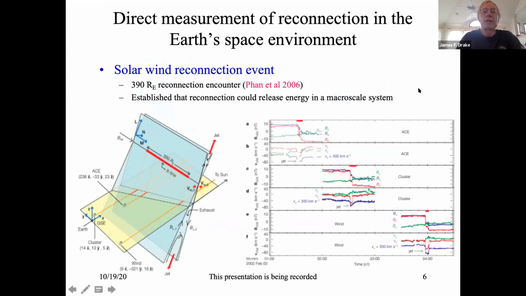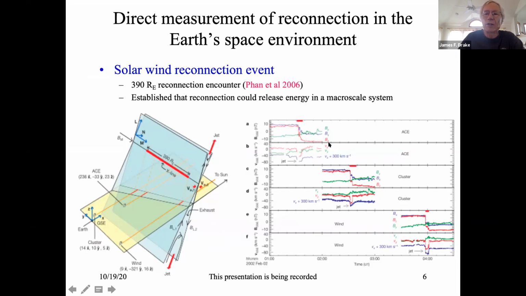Okay, so there have been many, many observations of reconnection in the Earth space environment. Here is a nice example from a paper by Phan in 2006. I show this to establish that reconnection can be a macro scale phenomenon. This event was observed by 3 separate spacecraft. You can see them here: here's Wind, here's Cluster, and then you've got ACE, and their total separation was of order 390 Earth radii.